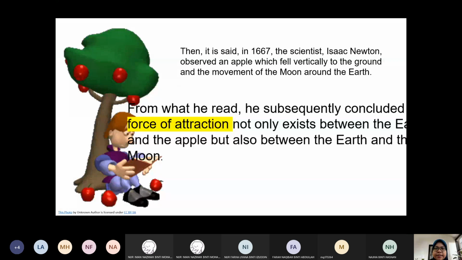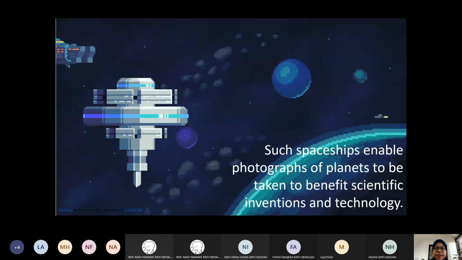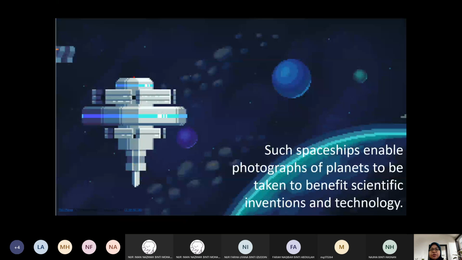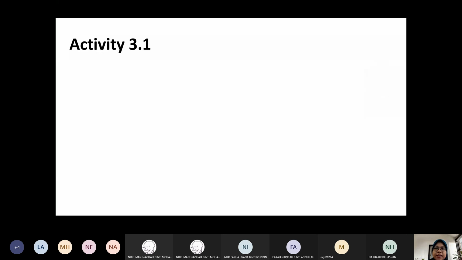And we learn about spacecraft. Right, so if you look at the video, you should do this one. I ask you to find some information about this.